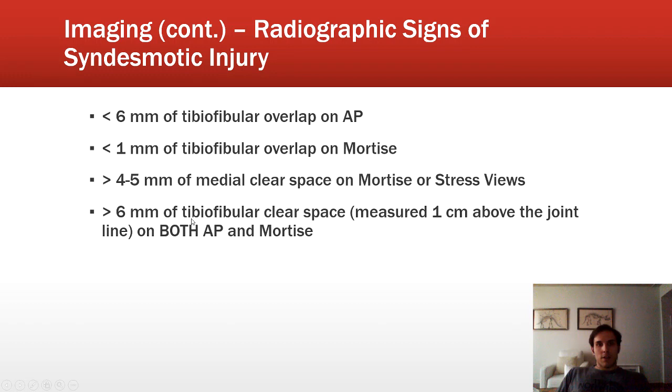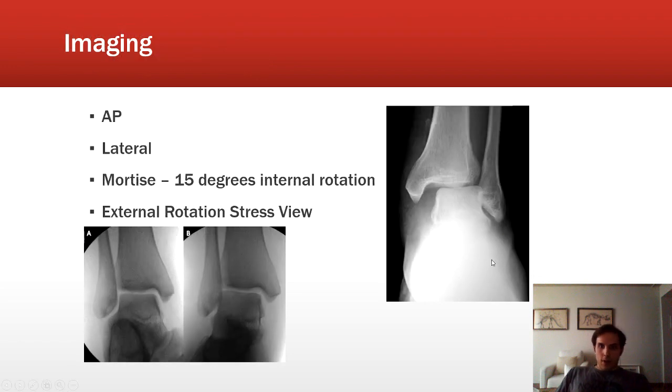Some key differences between overlap and clear space are these should be less than 6 on both AP and mortise. And accurate measurement is taken 1 centimeter above the joint line. So if we're looking at this, 1 centimeter above the joint line, you go 1 centimeter up from here, and then you measure the clear space.